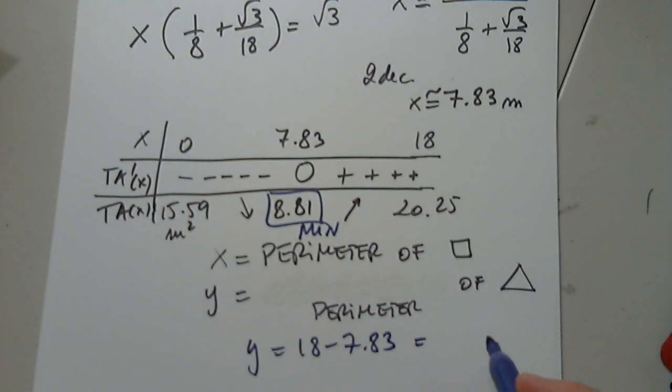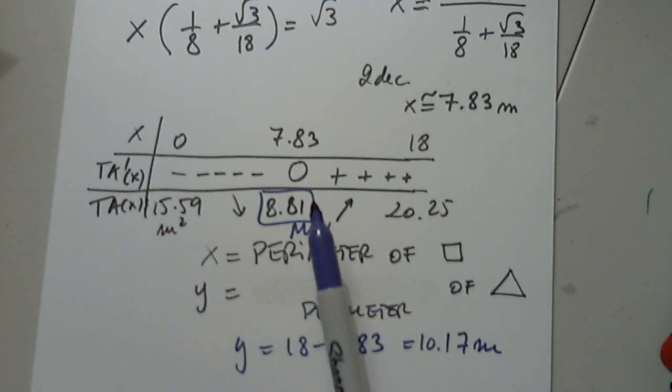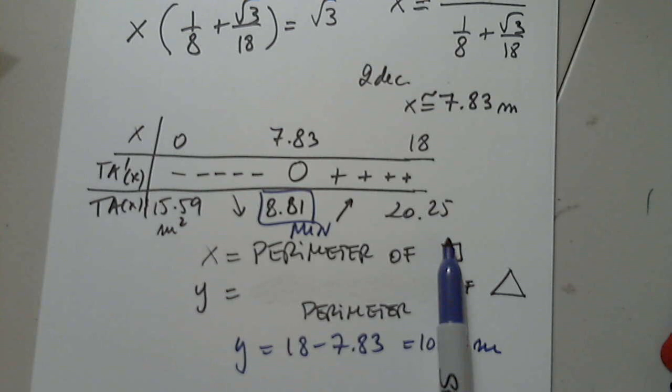How much is that? So I'm getting 10 meters. Let me make sure that's correct. That's correct. So the absolute minimum, x is 7.83 and y is 10.17.